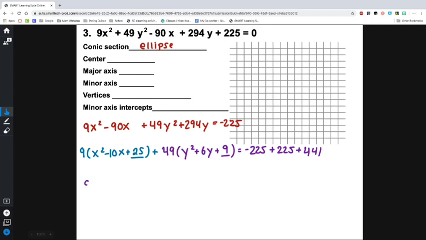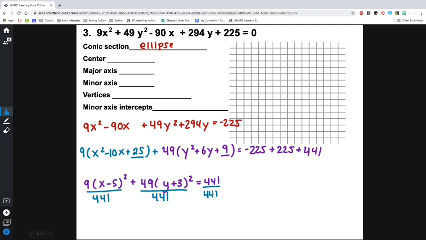All right, so I'm going to rewrite this in its factored form. x squared minus 10x plus 25 is x minus 5 squared. And then this becomes 49 times y plus 3 squared equal to 441. One last step to get standard form: we're going to divide everything by 441 and see what simplifies.